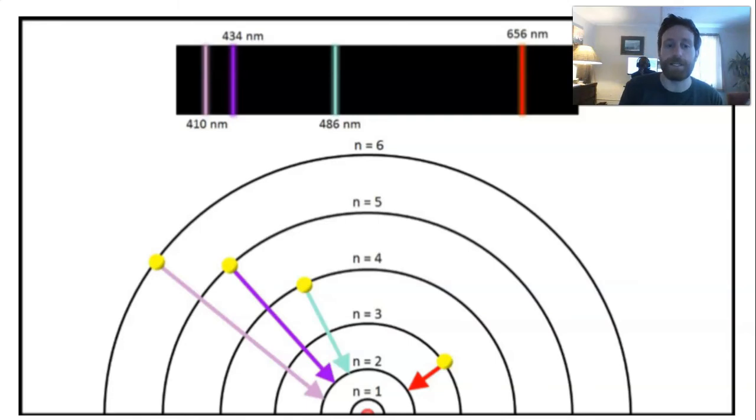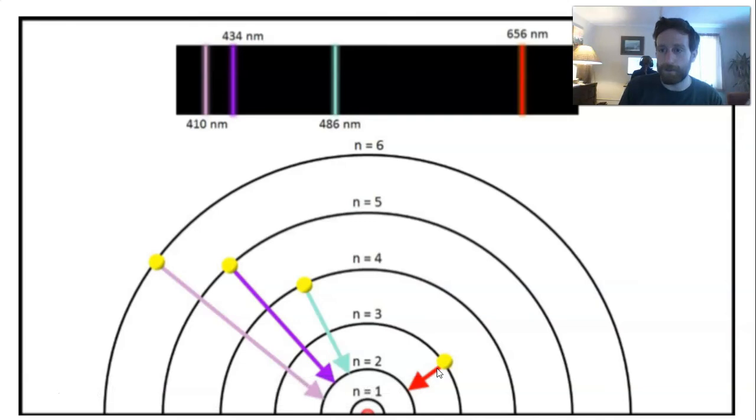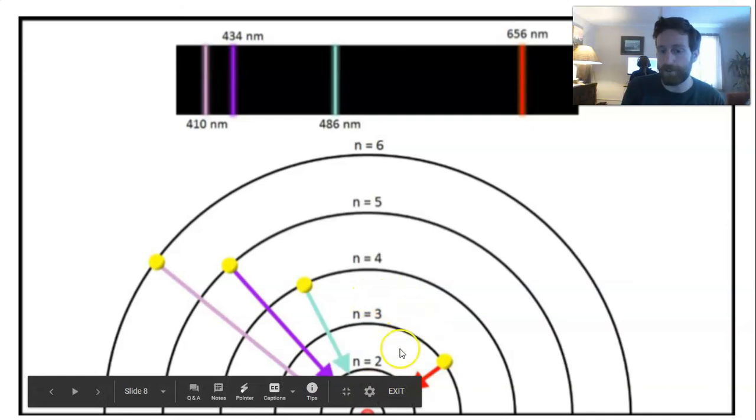But those photons can only be one of these four colors of light because those are the four specific transitions that those electrons can make. It's not like it could go from 3.5 to 2, because 3.5 just isn't an energy level.